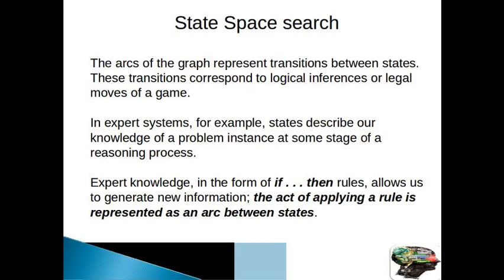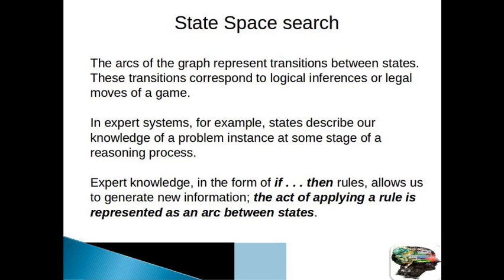The arcs of the graph represent transitions between states. These transitions correspond to logical inferences or legal moves of a game. In expert systems, for example, states describe our knowledge of a problem instance at some stage of a reasoning process.